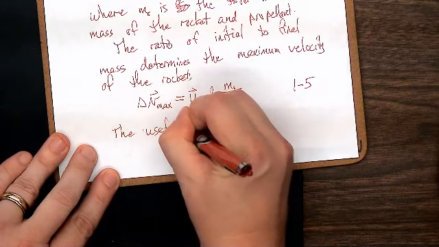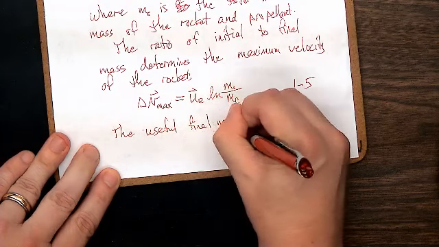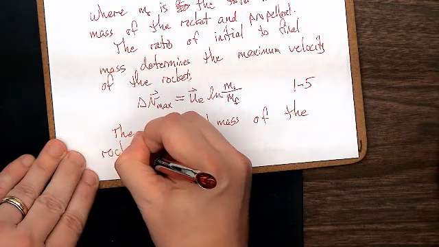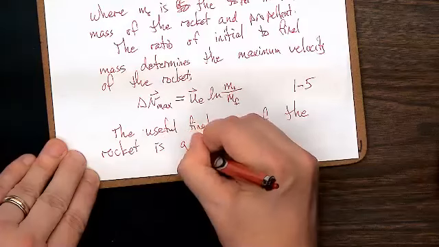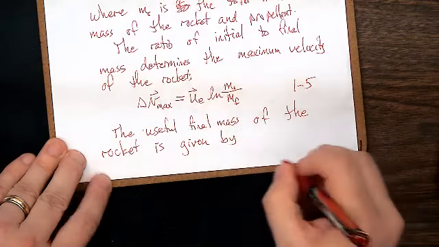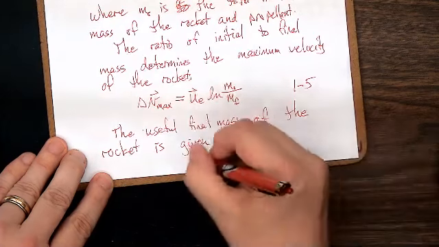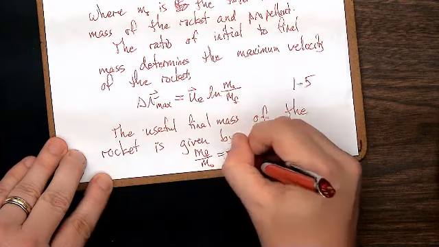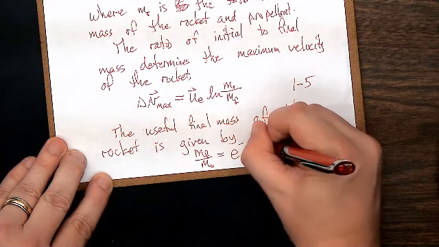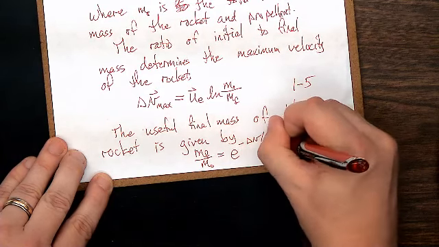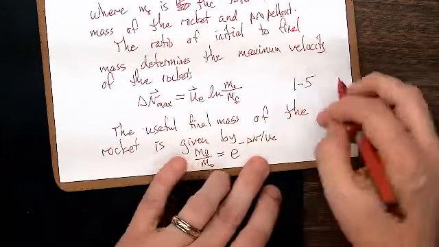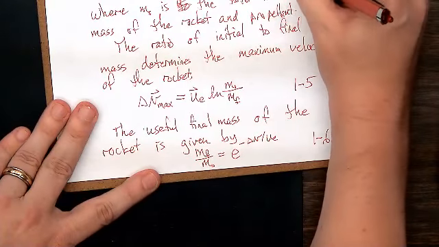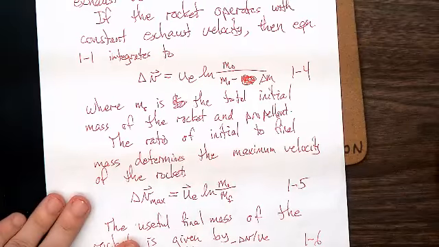The useful final mass of the rocket is given by final mass divided by initial mass is equal to E raised to minus delta V over U sub E. I forgot to mark equation 4 up there.